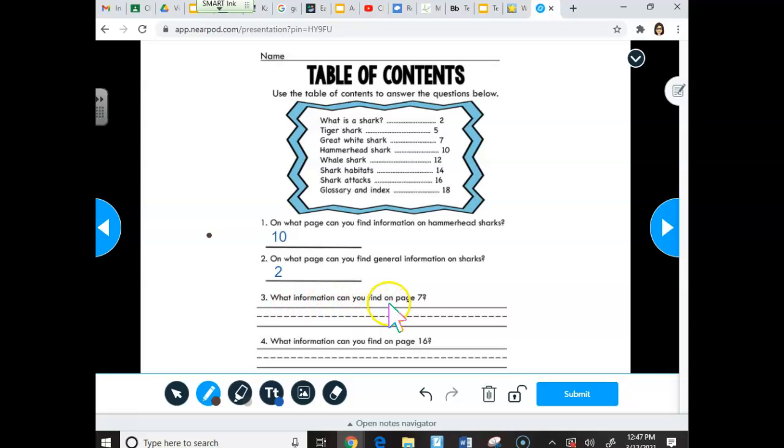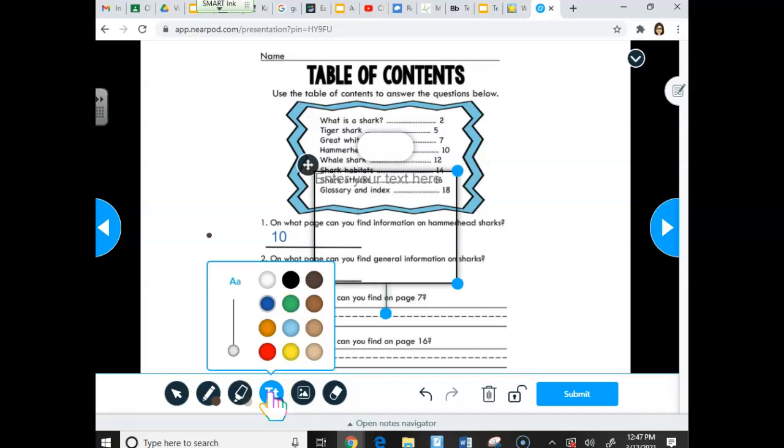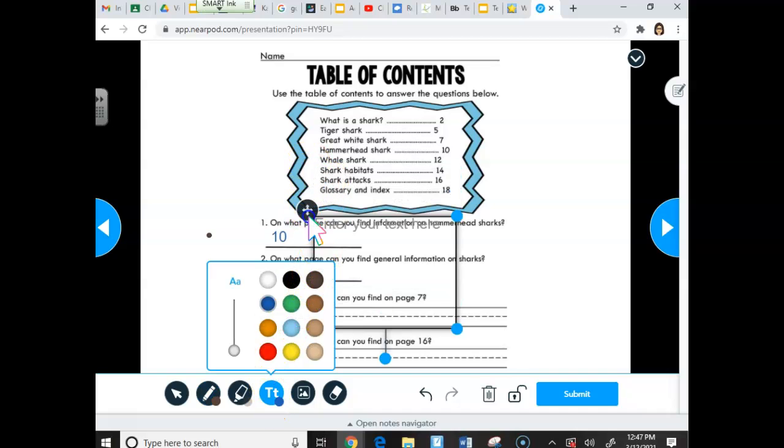What information can you find on page 7? So let's look. Page 2, page 5, page 7. What is it, guys? Great white shark.